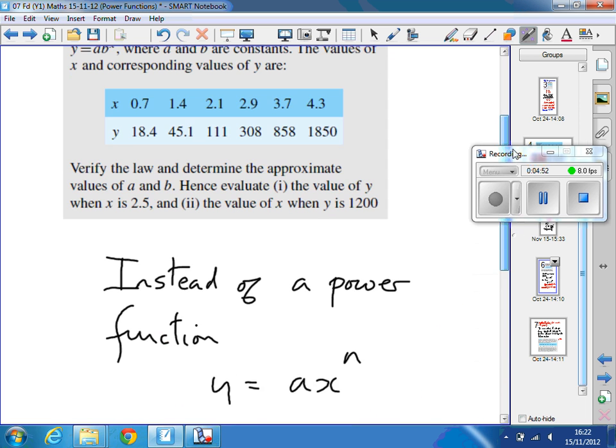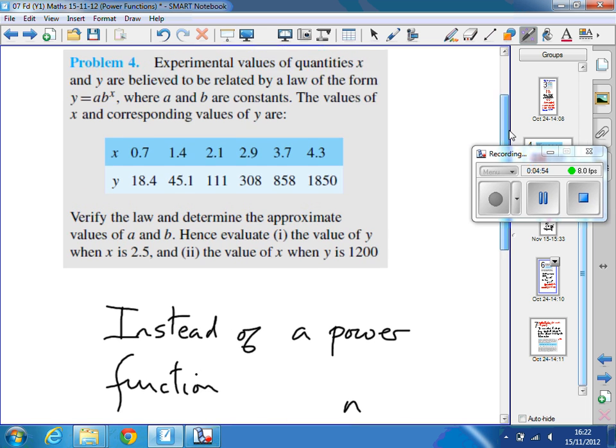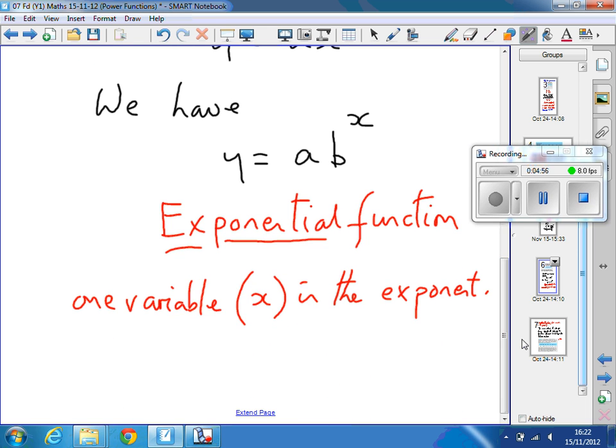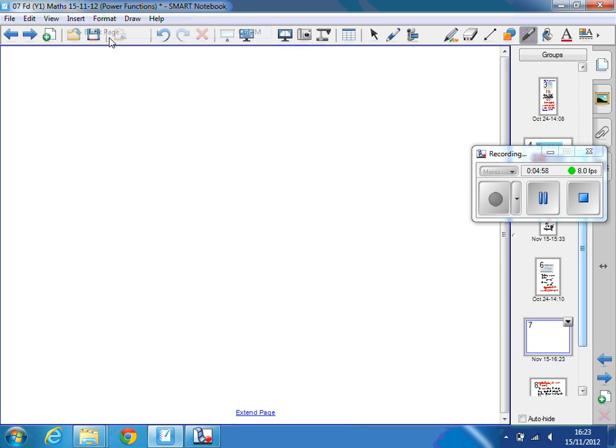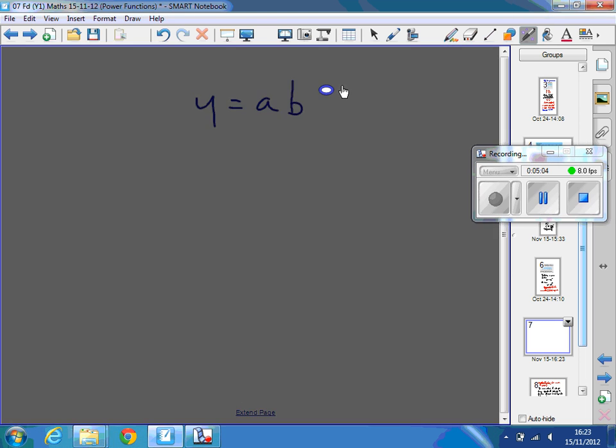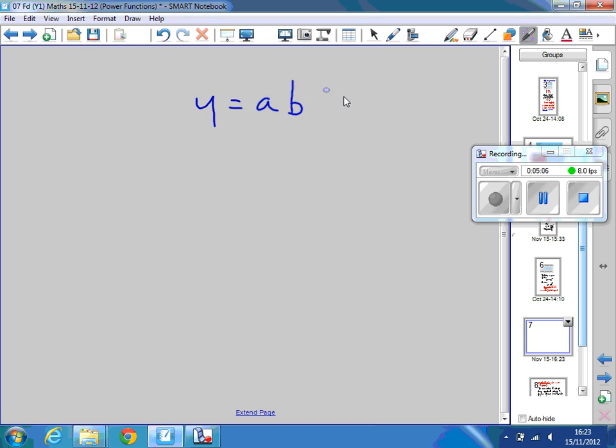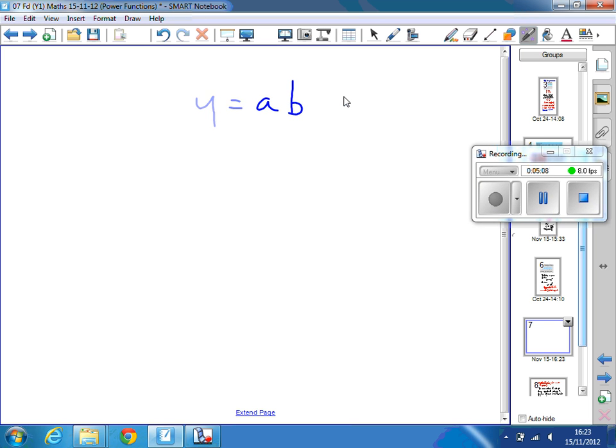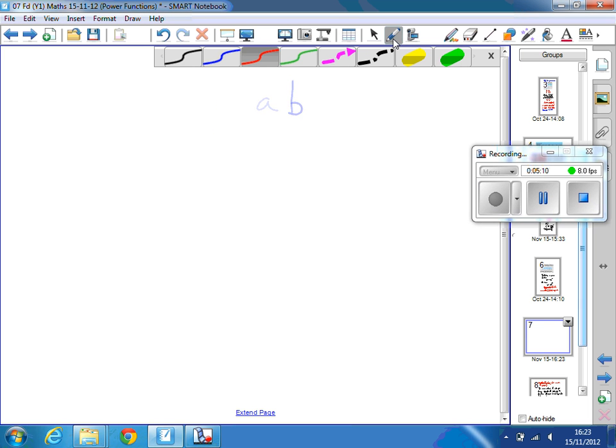According to the question, it says it's of the form y equals ab to the x. So we start off with y equals ab to the x, and then we use logarithms.